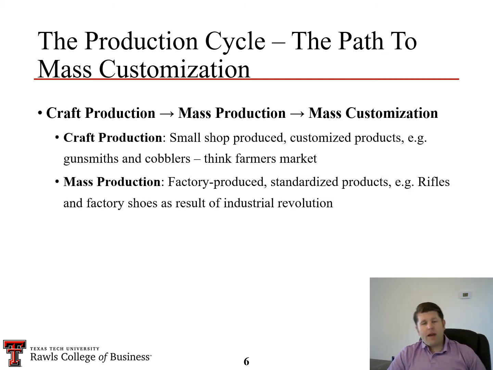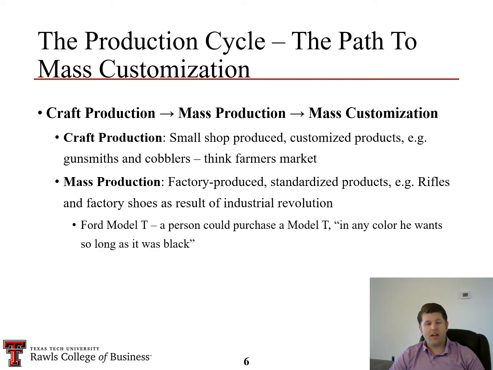Next, we had mass production, which we're probably familiar with because we've seen factory-produced standardized products. The first mass-produced product line that was coming out was the Ford Model T, and they have a saying, any color he wants so long as it was black. So they could not change the color.